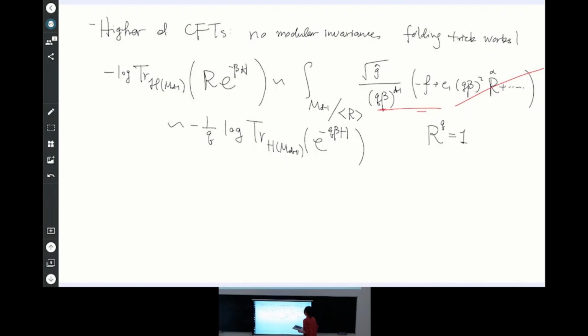Okay. So what I want to say is that if we only care about the leading order contribution to the effective free energy, then we can keep only the cosmological constant term and forget about the rest. In fact, as I will explain later, even in the case when the action of R is not free, we will have to add some defect actions. But the contribution from the defect actions is always subleading.